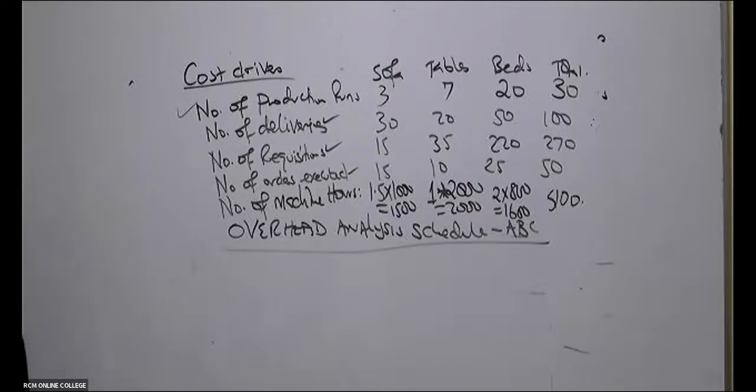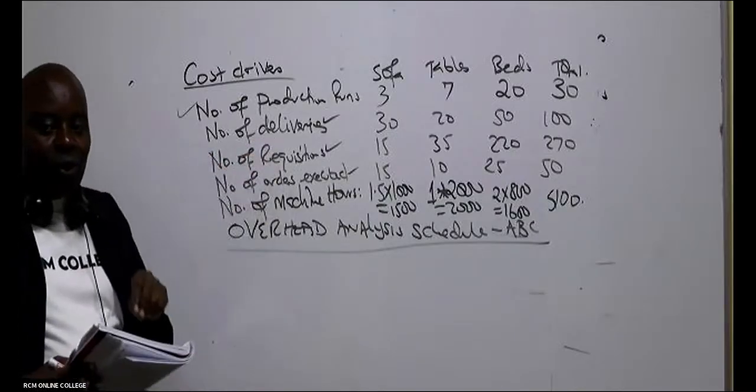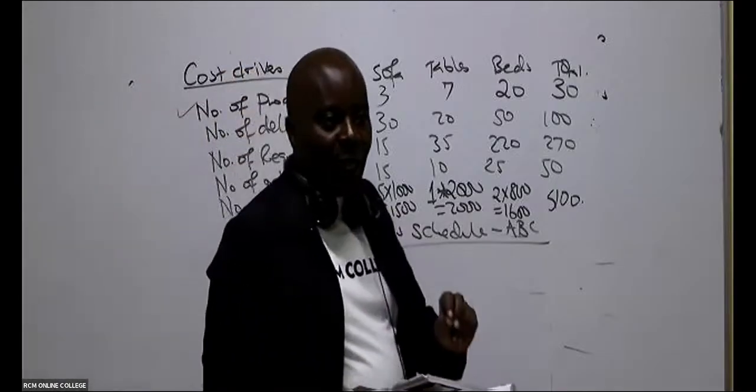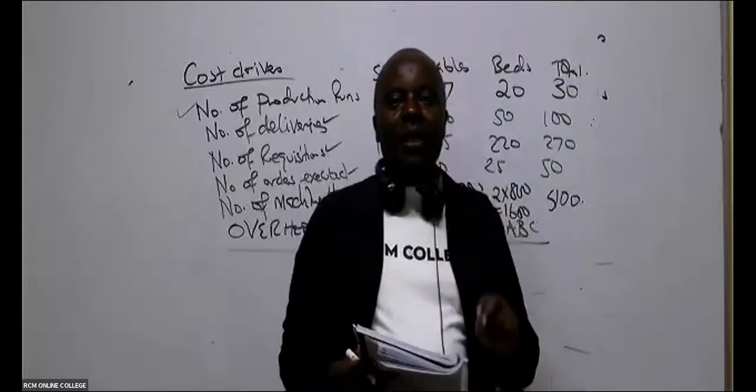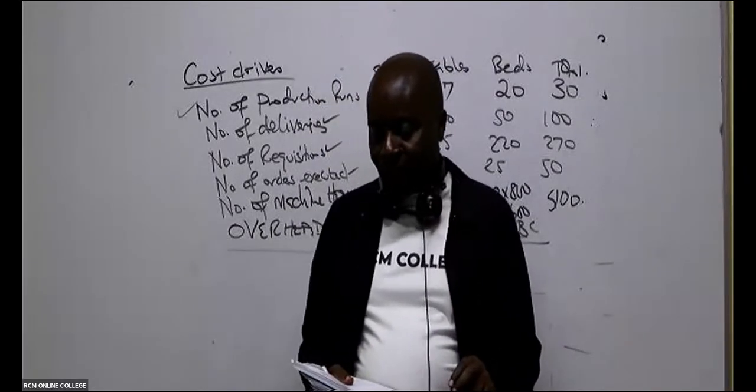Please ask. Inspection cost, we are using number of deliveries. I've already checked. I was just going through each one of them, trying to see whether I've been able to capture all the bases, what we are calling cost drivers.